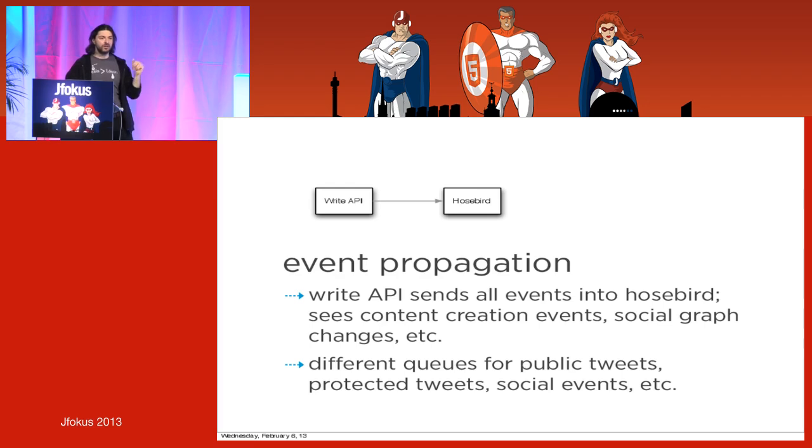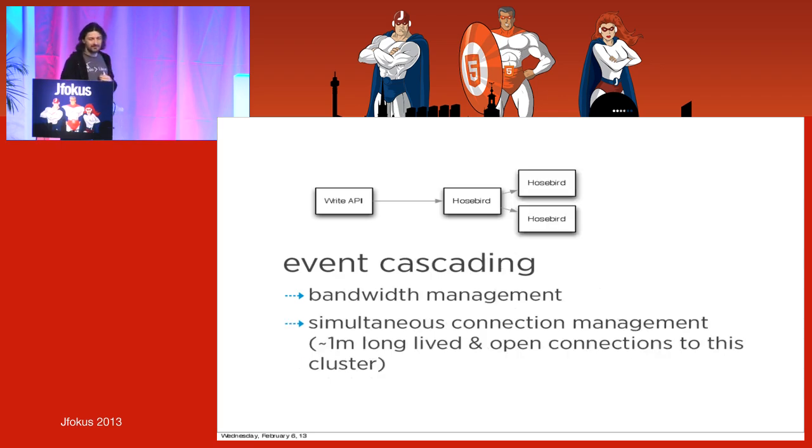These are all additional events that need to be taken into account. They need to be paid attention to in order to have everything consistent and work correctly. SLA is about 150 milliseconds in sending these out, and we need to figure out what to do. Now, the thing is, obviously, you cannot have a single machine for that.